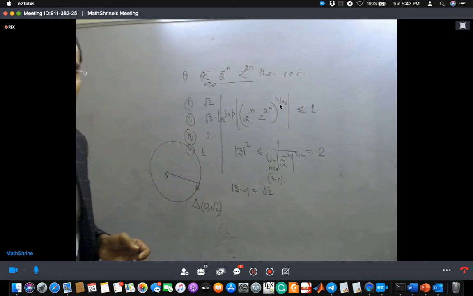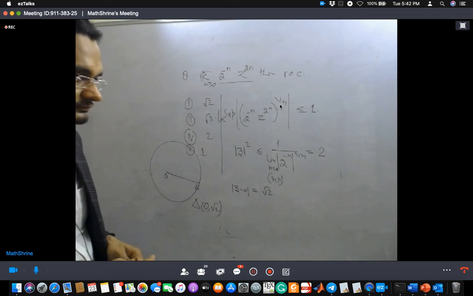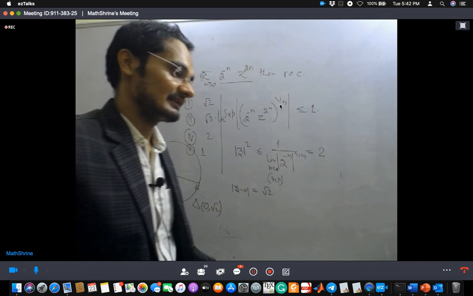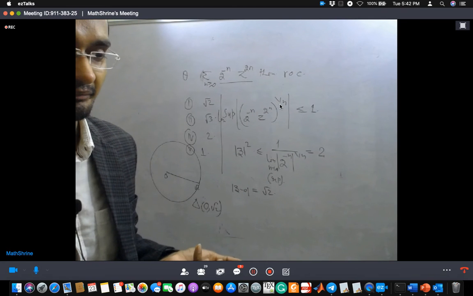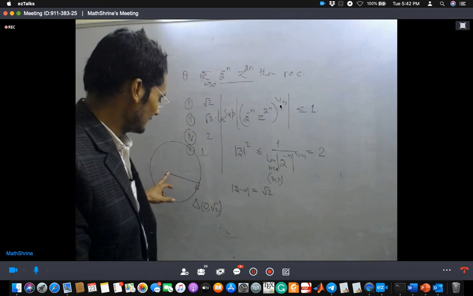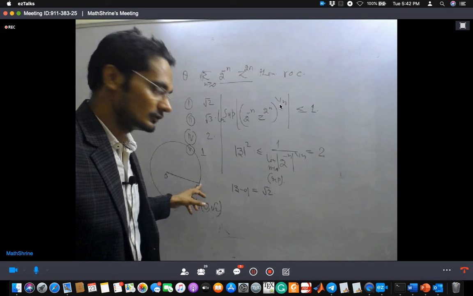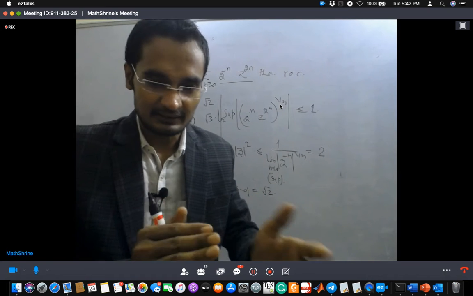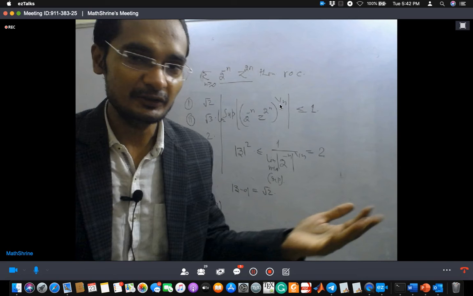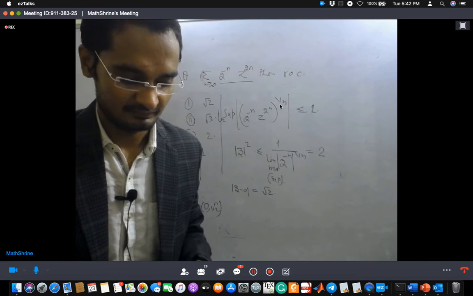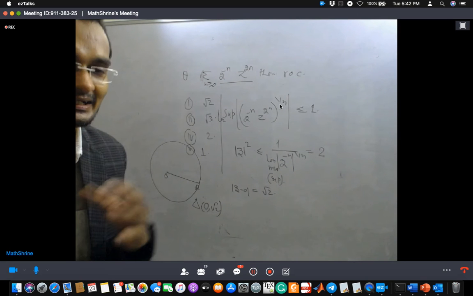Sir, does that mean root 2 is the maximum radius where the function is analytic? No, do not think the other way around. From 0 till root 2, the function and this power series will agree everywhere. Outside, we do not know. We cannot say the function is not analytic outside.